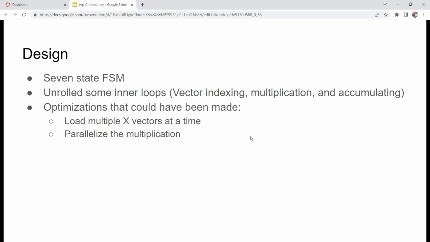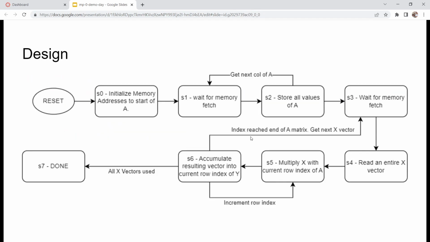We are loading multiple of those vectors at a time. We used both outports. I didn't even think you could copy the DMEM. That was kind of clever, you guys. Group 2, sorry, getting those 10x. But yeah, here's our FSM. One of you two want to go through the diagram here?